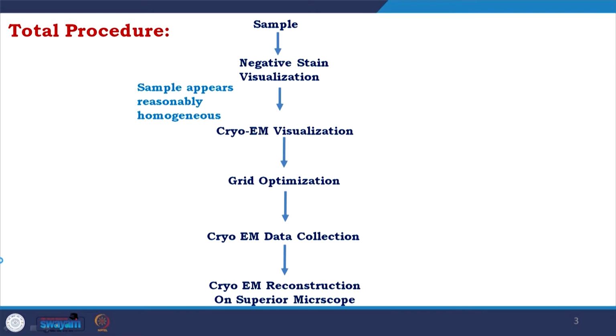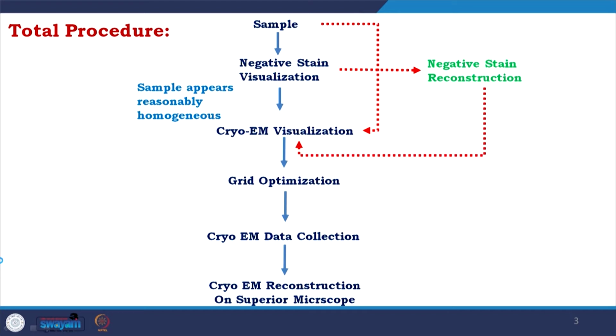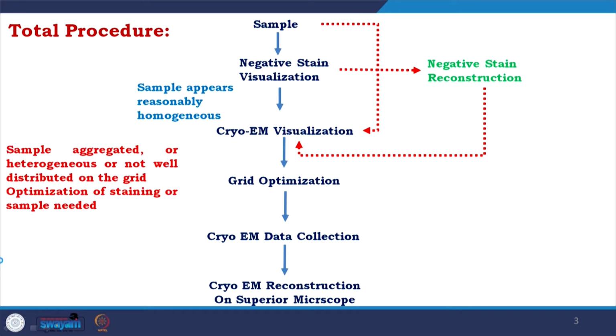The procedure will go well when the sample appears reasonably homogeneous. You could also see the sample directly under cryo EM visualization, skipping the negative stain visualization step. From negative stain visualization you could go to negative stain reconstruction and then come to cryo EM visualization.